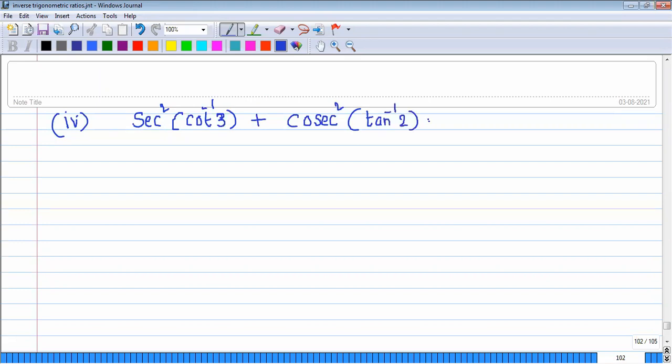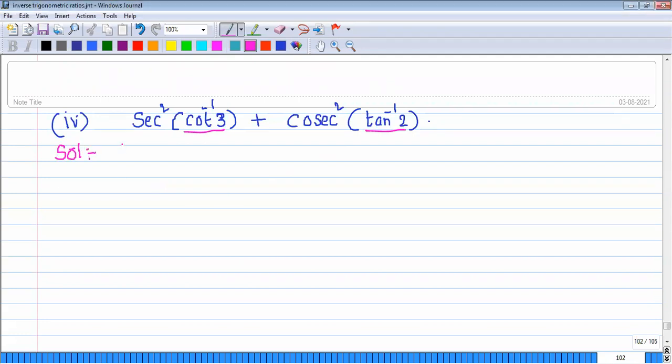The value of this one we need to evaluate. Any idea? Say this is equal to alpha, say this is equal to beta. That means secant square alpha plus cosecant square beta you need to find out.